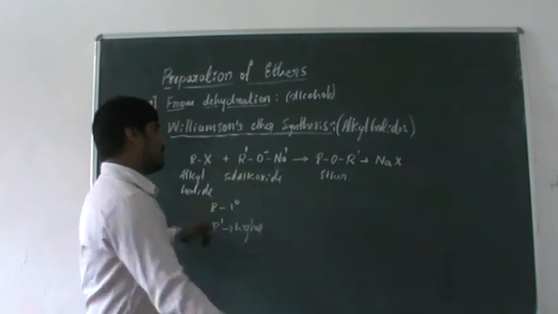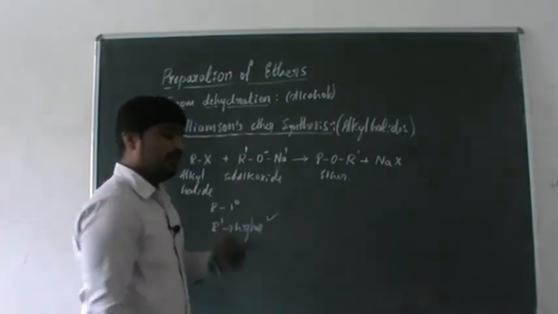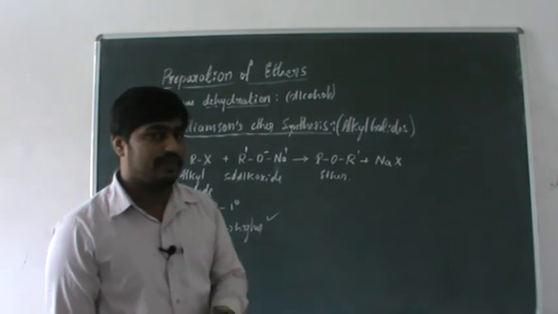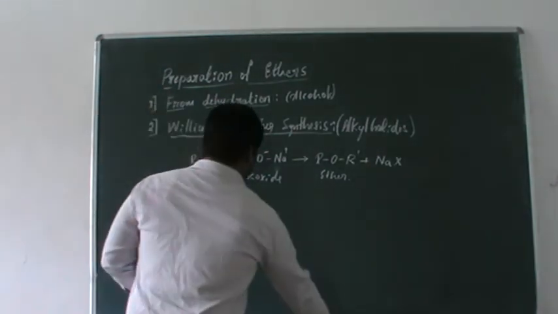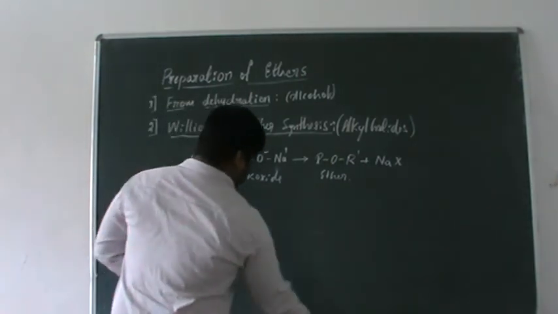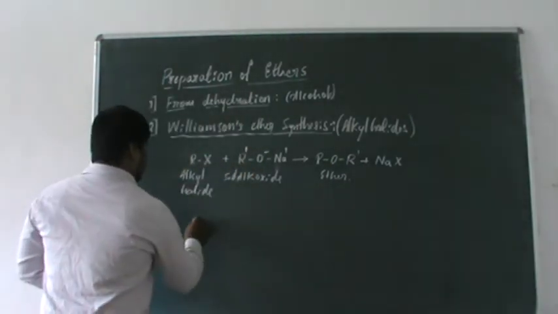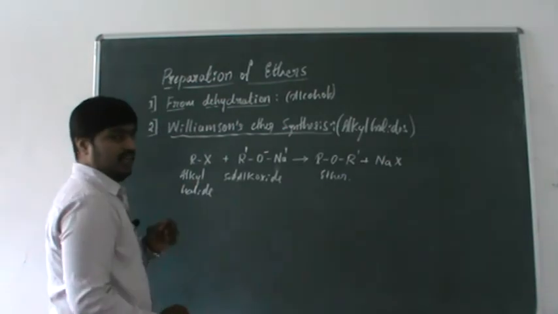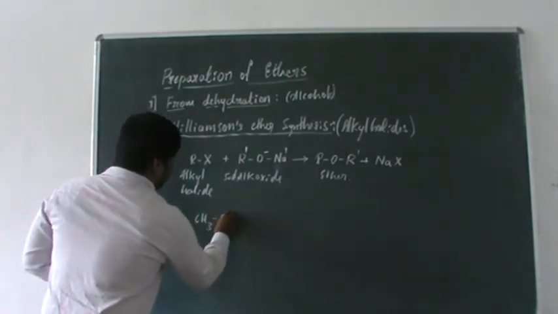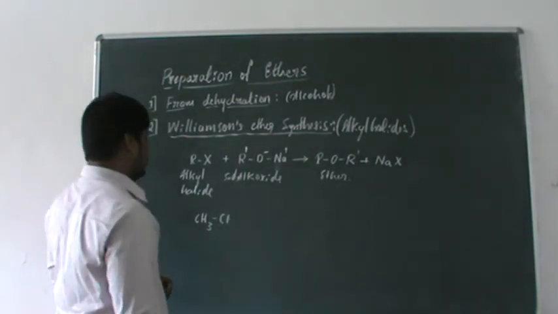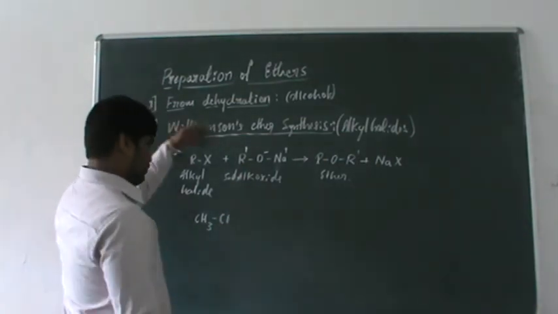Then only the reaction is favoured. Otherwise, the reaction is not favoured, and it follows some other mechanism. Consider a primary alkyl halide, because it should be primary, otherwise it does not follow Williamson ether synthesis.